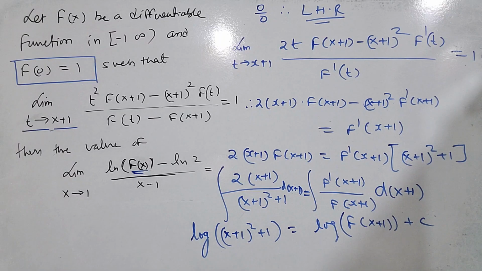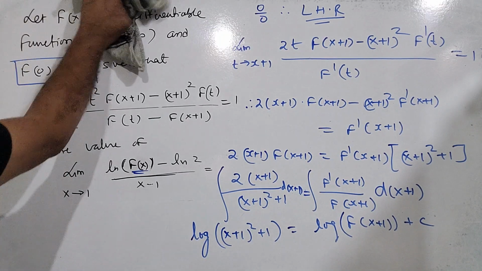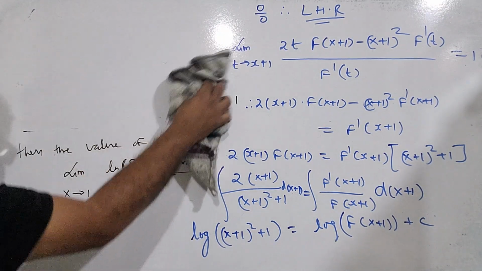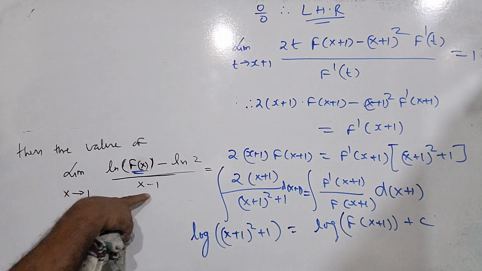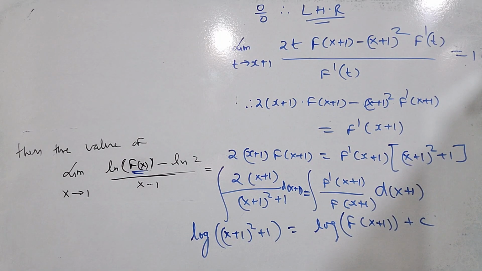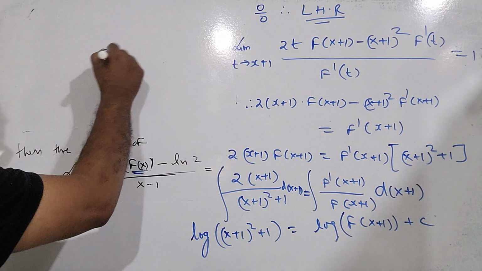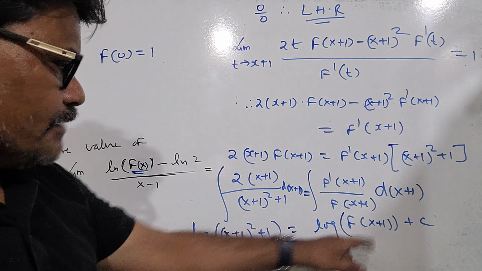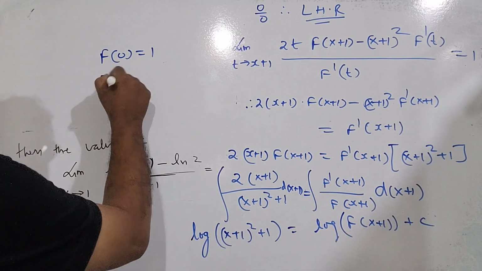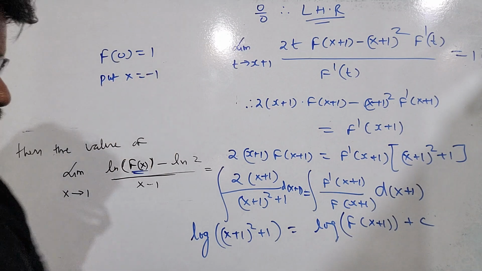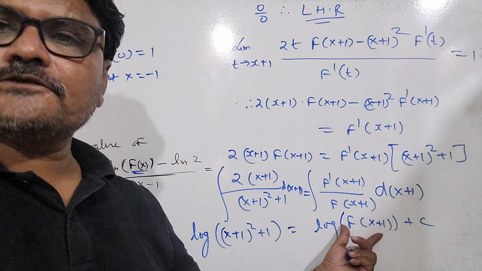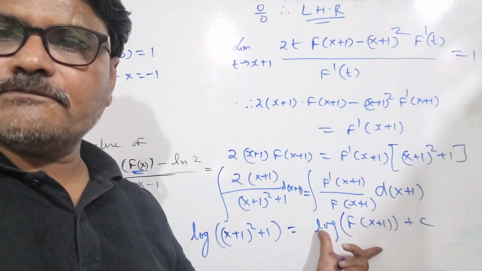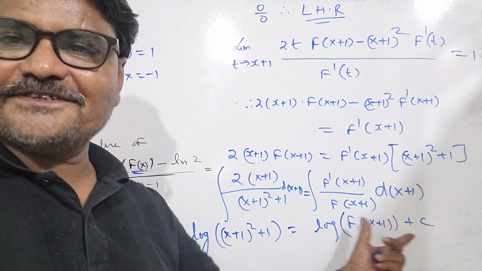So let us do the next step over here. This is okay, and we have to find the value of this limit. So what is given? f(0) equal to 1. So put x equal to minus 1. When x equal to minus 1, this is f(0). f(0) is 1, therefore log of 1, which is 0, therefore here c.